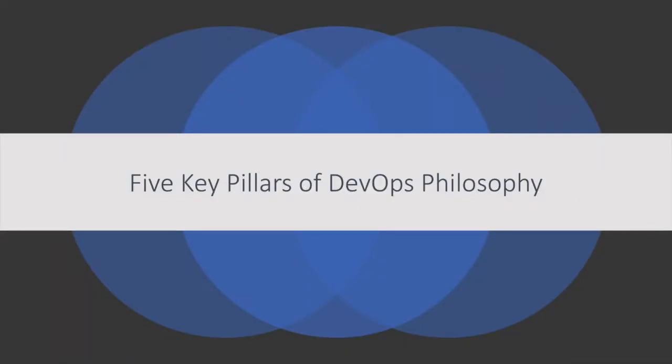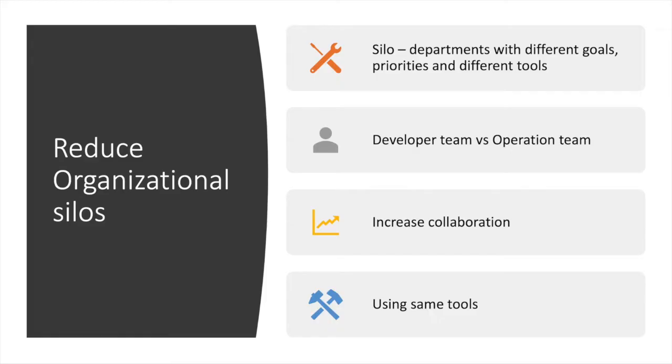Now let's look at five important key pillars of the DevOps philosophy. Using this philosophy, we will try to differentiate or find similarities between SRE and DevOps. The first important pillar of this philosophy is reducing organizational silos.